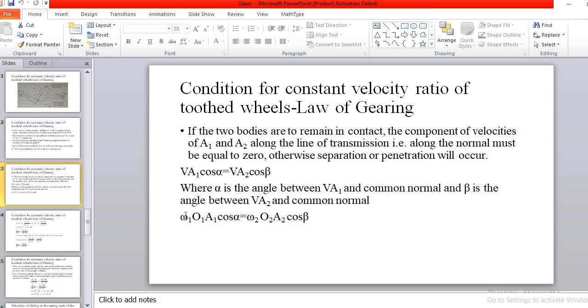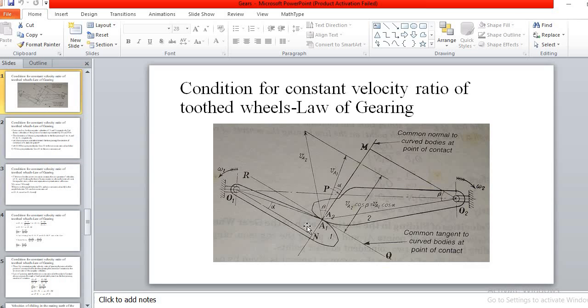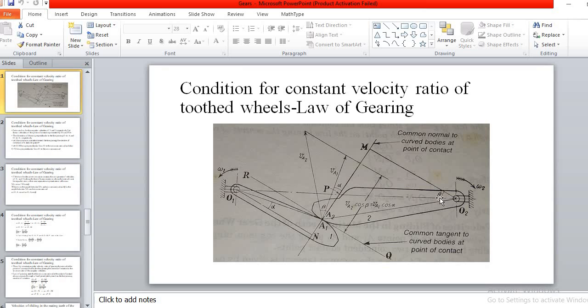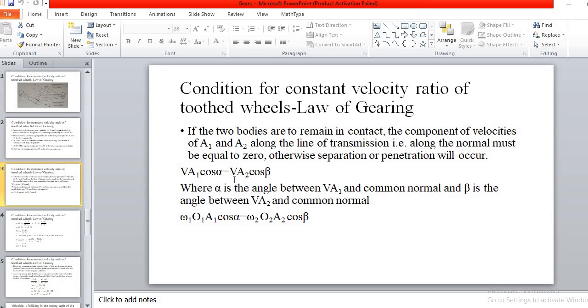VA1 relates to the first body, whose angular velocity is omega 1 and radius is O1A1, so VA1 becomes omega 1 times O1A1. Similarly for the second body, angular velocity is omega 2 and radius is O2A2. So these terms are simplified like this.